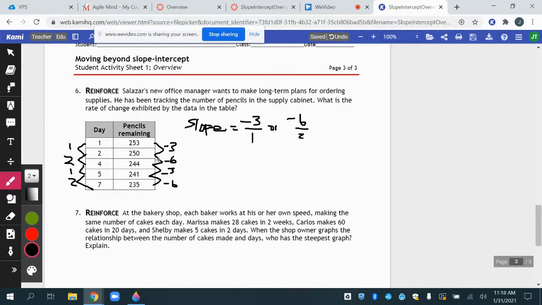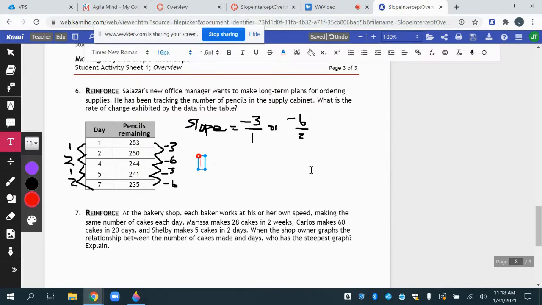For 2 days, we lose 6 pencils. Either way, you get the rate / slope is -3. This means they use 3 pencils each day.